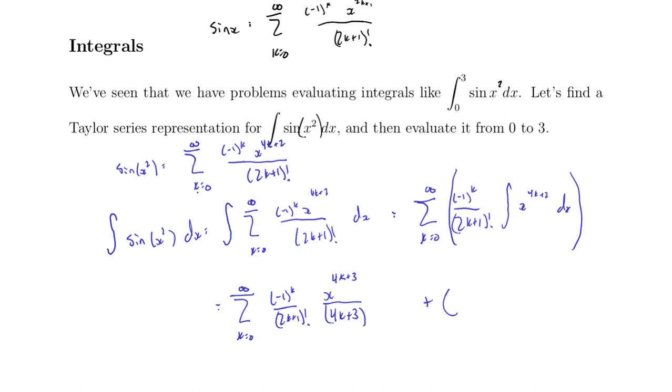But remember, when we tack on these limits of integration, what we're really going to be doing is evaluating this whole thing from 0 to 3. So let's go ahead and do that. We'll plug in 3 for x.